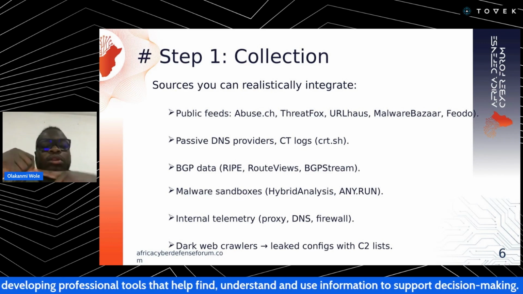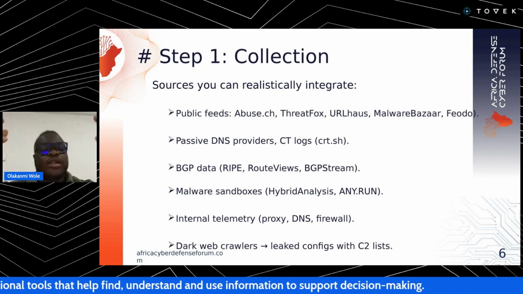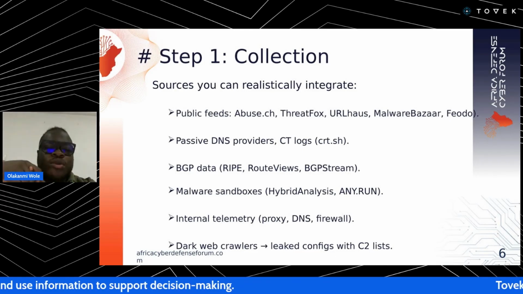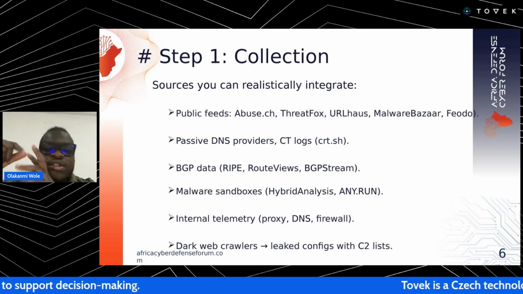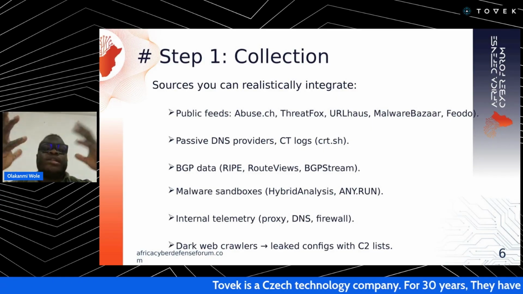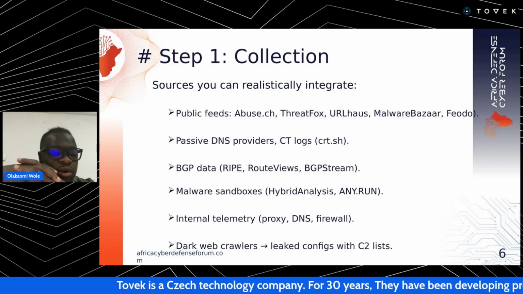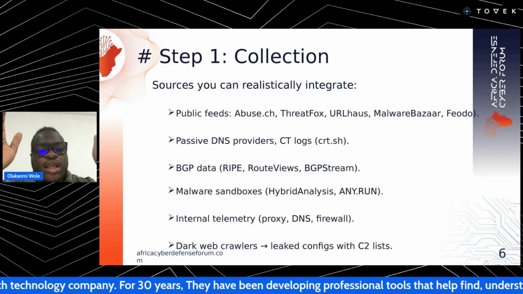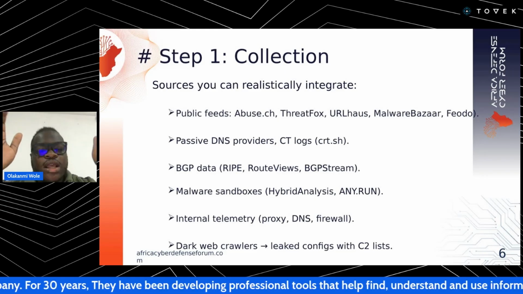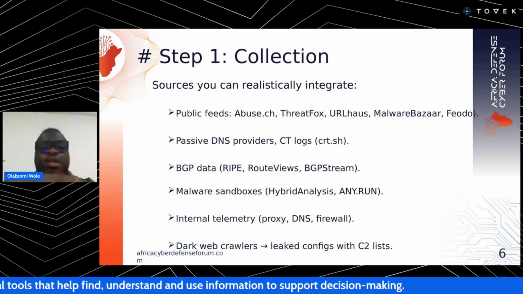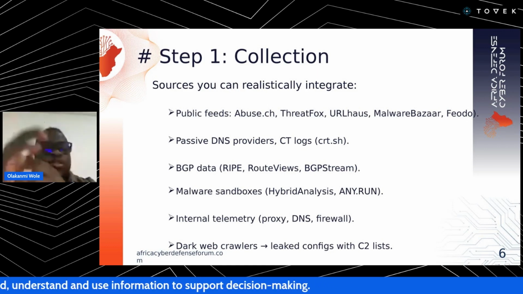When we're talking about public feeds, we have so many available at the moment. We could look at abuse.ch, there's ThreatFox, URLhaus, MalwareBazaar, Feodo, so many existing threat feeds that are out there. And also, you want to be able to collect data from DNS providers like Certstream, crt.sh.